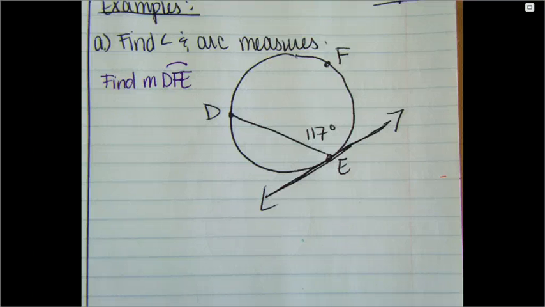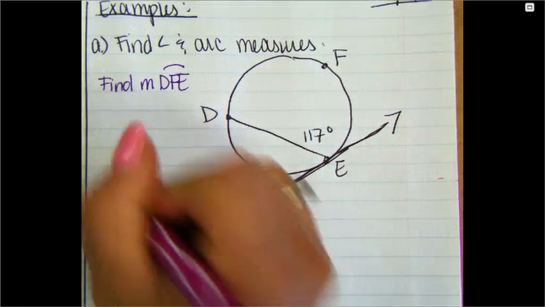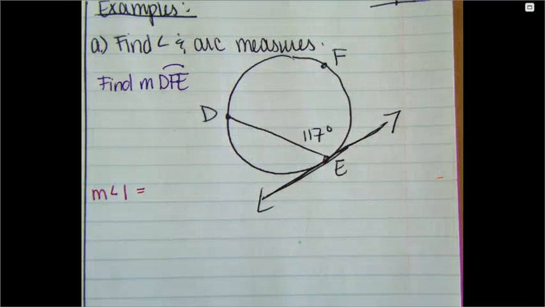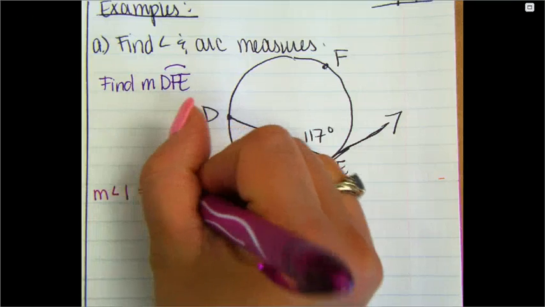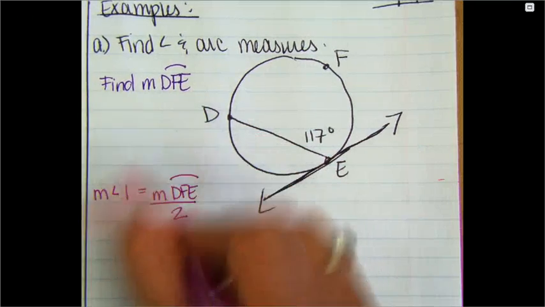What do you think it is, guys? What are we doing? The measure of angle what? Give it a letter, a number. Can we say 1? Equals, what's the arc we're looking at? DFE, the measure of arc DFE over 2.